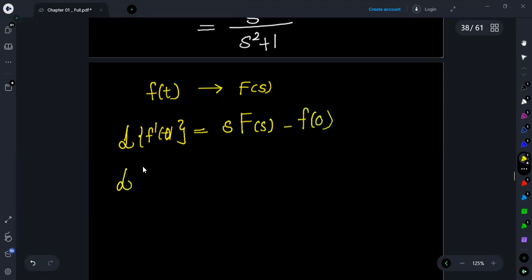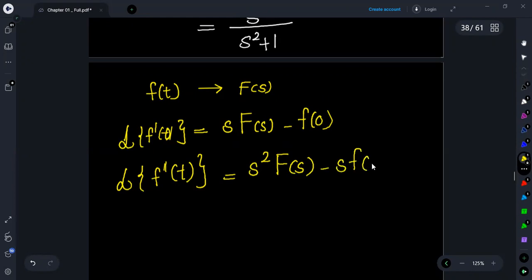And the Laplace transform of the second derivative is equal to s squared capital F of s minus s f of 0 minus f dash 0. You don't need to memorize those, because I am providing those two expressions in the examination, but you need to know how to apply them when we are solving differential equations.